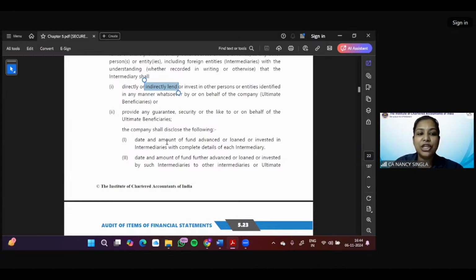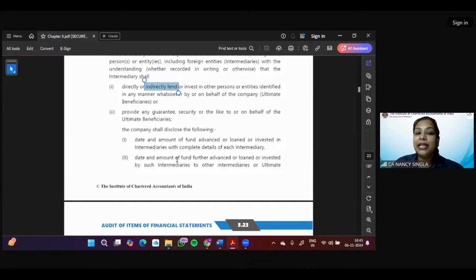The company shall disclose the following. So X Limited is going to disclose the date and amount of funds advanced, loaned or invested in the intermediary with complete details of each intermediary. So the date and amount of funds transferred by X into Y, and the details about Y.